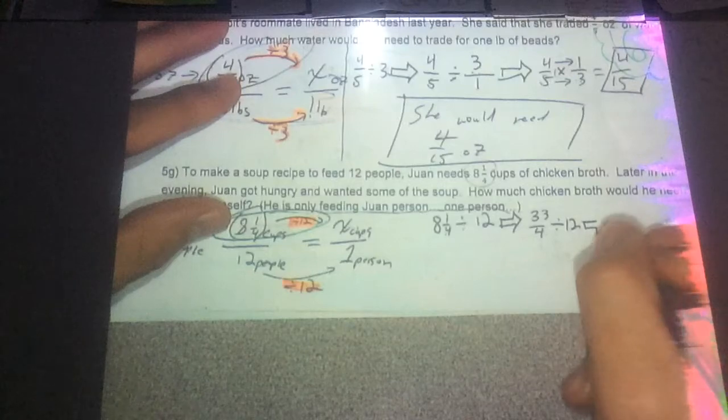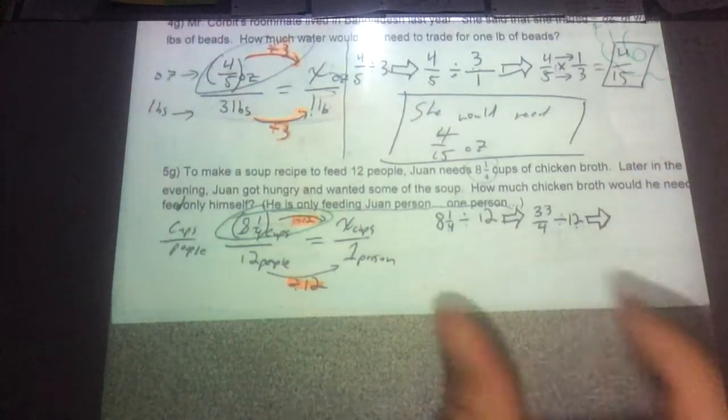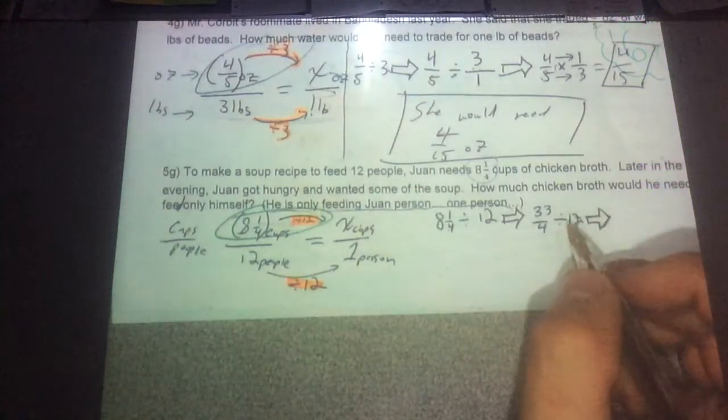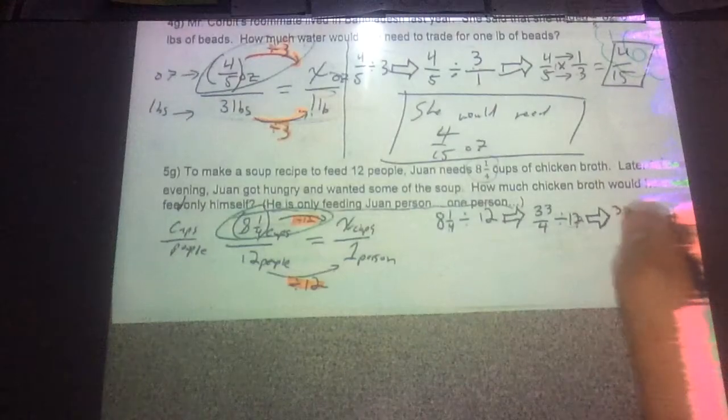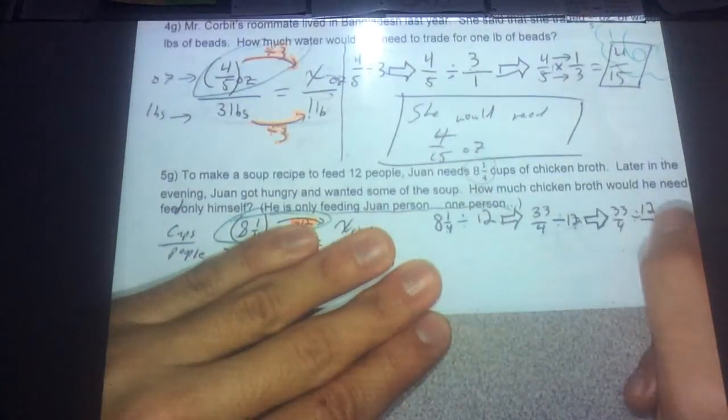And then next step, whenever we're dividing by fractions, we want to turn them both into fractions. So it's going to be 33 over 4 divided by 12 over 1.